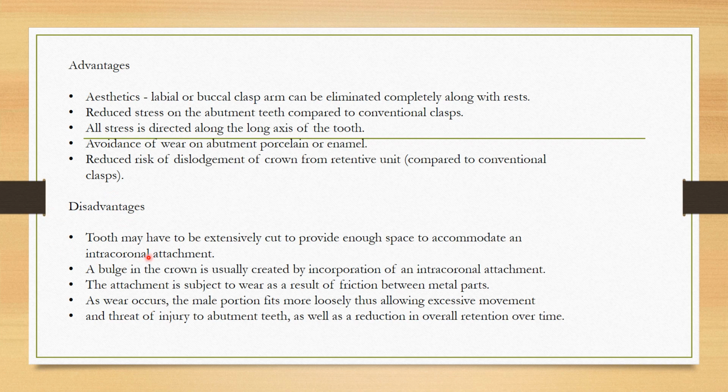The disadvantage is that the tooth may have extensive cutting to provide enough space to accommodate an intracoronal attachment. That is true, so there can be an excess amount of cutting involved. A bulge in the crown is usually created for incorporation of the intracoronal attachment, so the crown will look a little bit bulky because you're trying to fit in one component of the attachment. The attachment is subjected to wear as a result of friction between the metal parts.